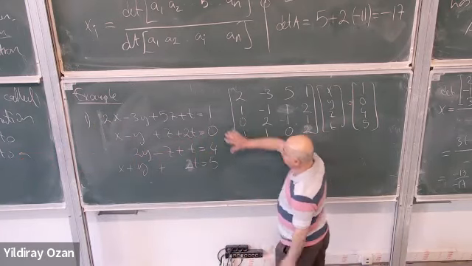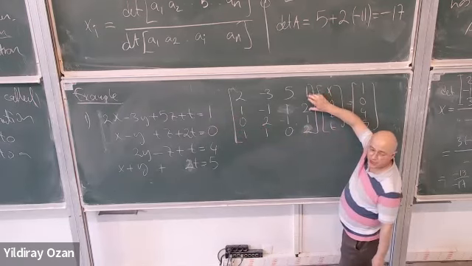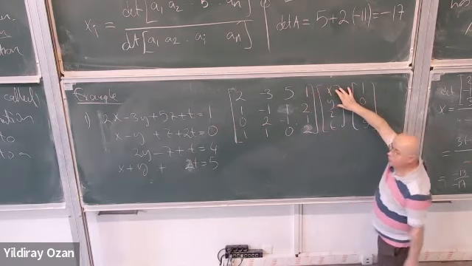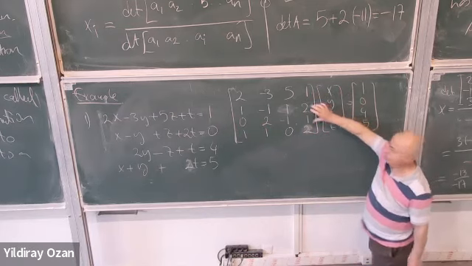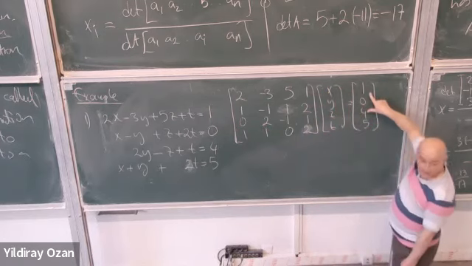If you interchange these two equations, what you do, you interchange these two rows. You don't change anything here, right? You interchange equations, but this column doesn't change, but this does.